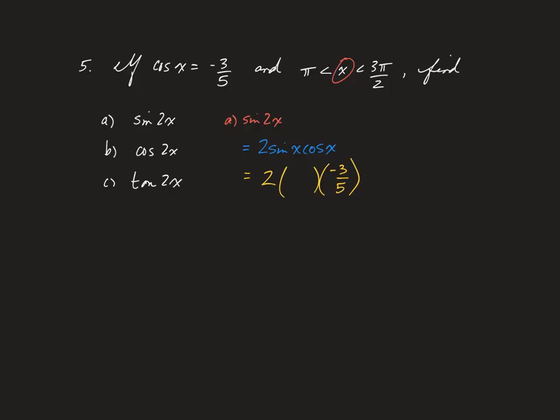That is, as soon as you were told that angle x exists in the third quadrant, you may have drawn on a terminal arm. As soon as you were told that cos x is negative 3/5, then you know the adjacent and hypotenuse. You could then go through and find your opposite side.